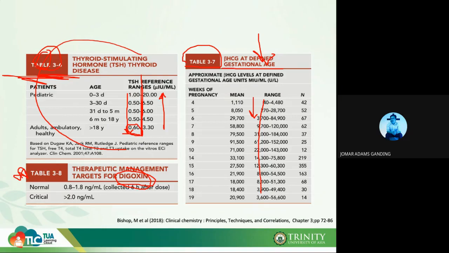They would actually still push through with other tests because somehow that is near the lower limit already. It's just a matter of points. It will already be out of the reference range.